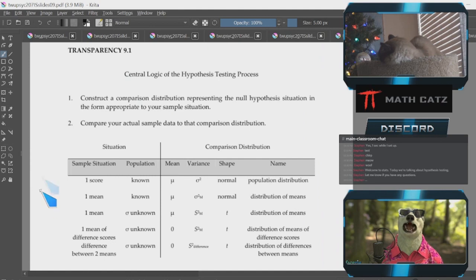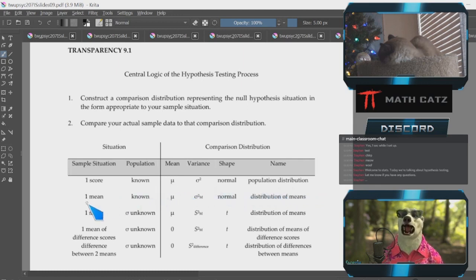If we look back from the start of where we were, just a brief summary. I can have one score, one single sample, or a sample consisting of one thing. I might know the population, let's say normal, and I know everything about it: mean, variance, normal shape. Then the population distribution I use directly.